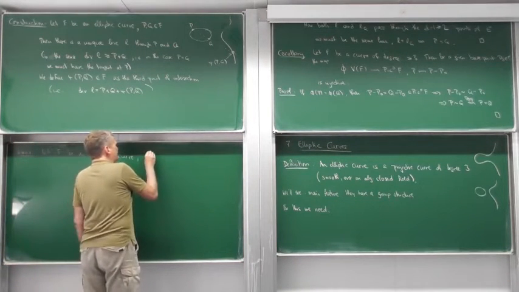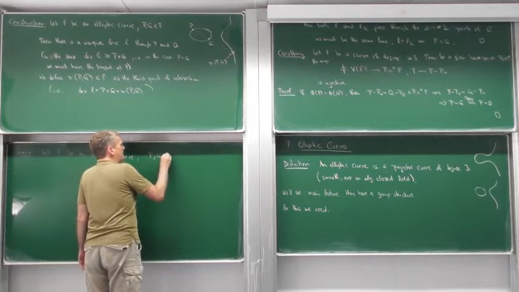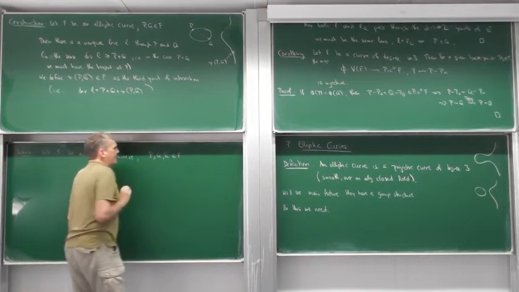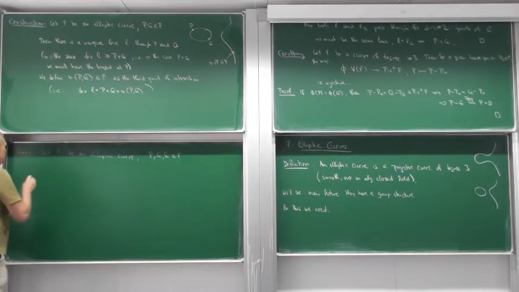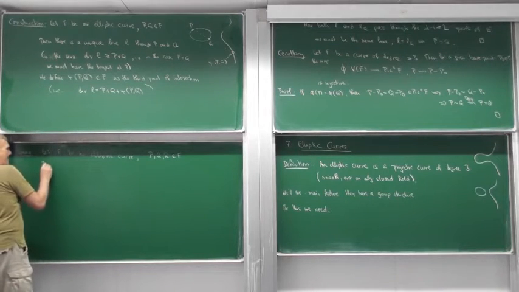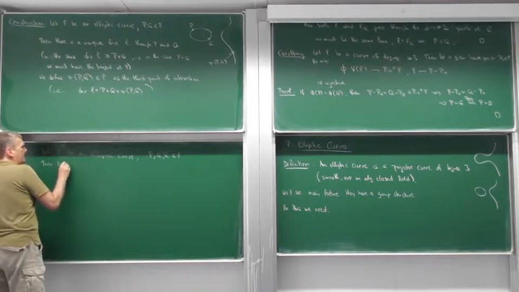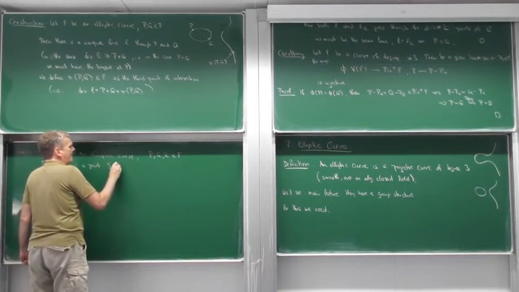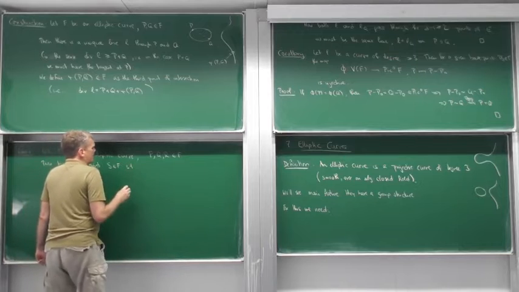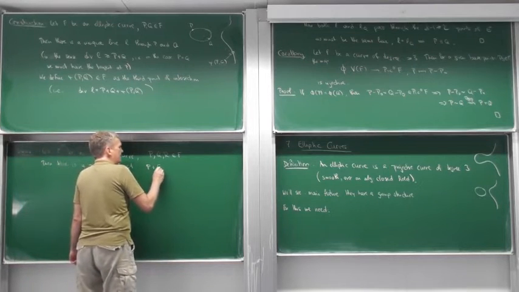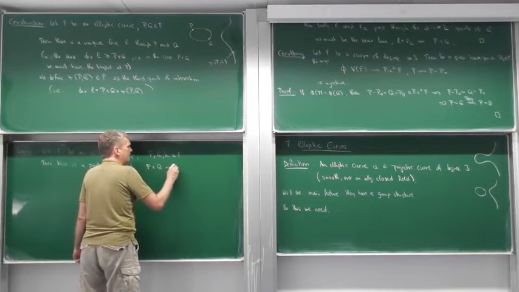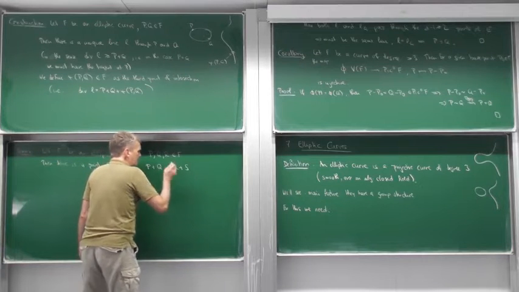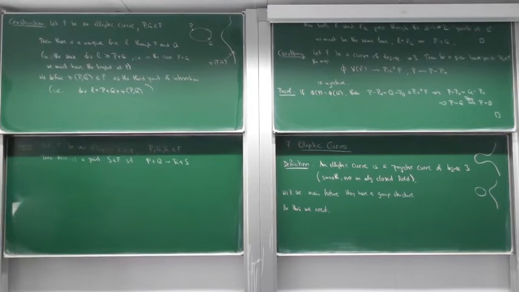And say we have three points on it, P, Q, and R, in F. Then the statement is that there is a fourth point, a point S in F, such that the divisor P plus Q is linearly equivalent to R plus S. That means they are the same element in the Picard group.